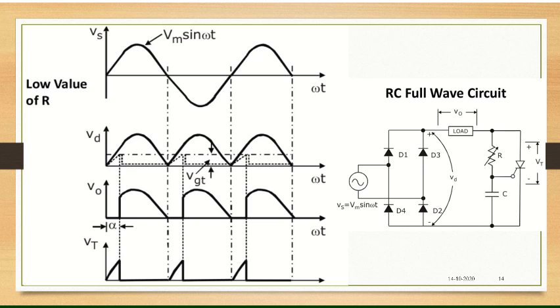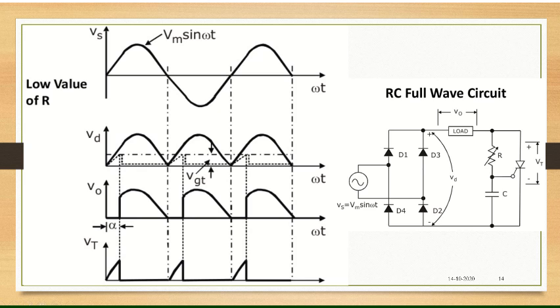So the SCR will turn on at this moment itself. It will reach this VGT sooner. So the SCR will turn on at this point, and you can see the output appears at the load.